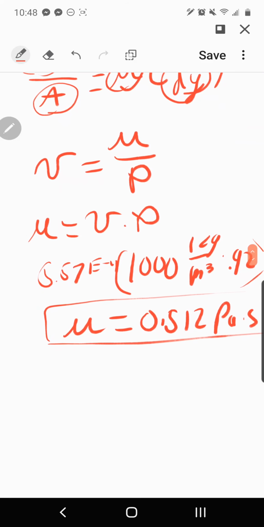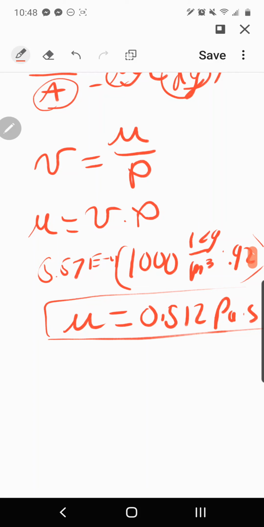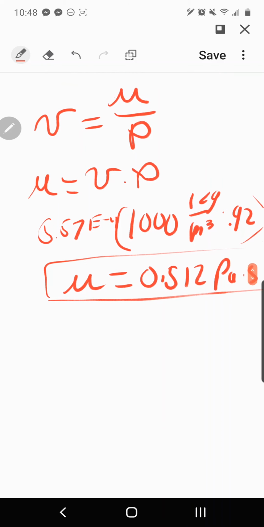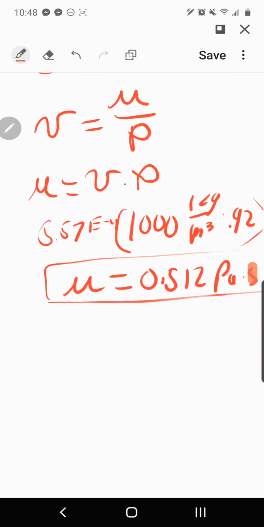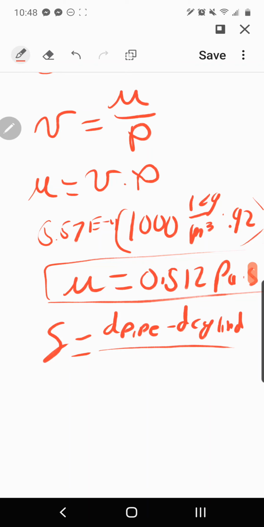Now let's work on getting the change in y, our separation. This is going to be called delta. And what is delta? Delta is going to be our diameter of the pipe minus our diameter of the cylinder, all divided by 2.